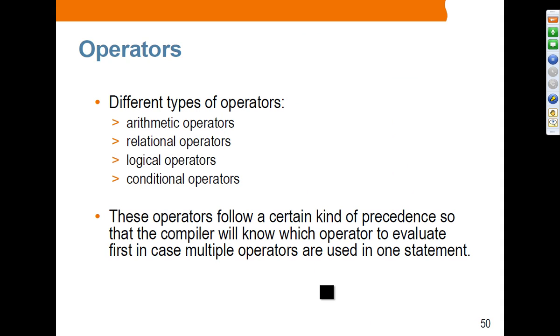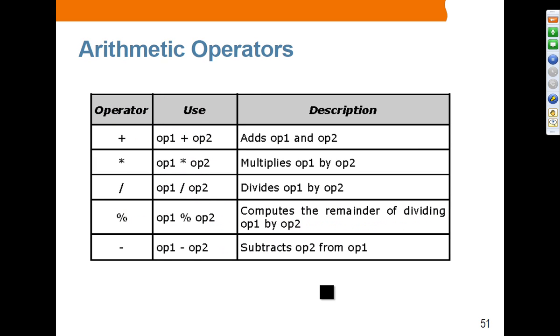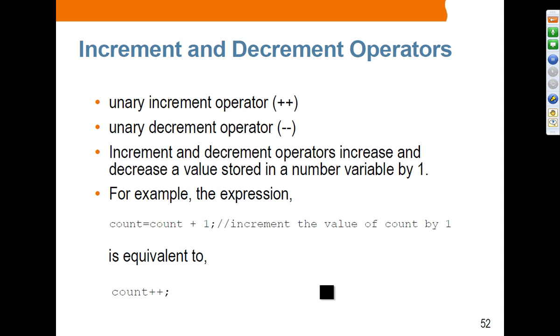Okay, so operators. So there are multiple types of operators: arithmetic operators, relational operators, logical operators, conditional operators. So, obviously arithmetic operators. So let's actually see the examples. Arithmetic operators are basically for adding, multiplying, dividing, modulus, and subtracting. Okay, and there are increment and decrement operators, plus plus and minus minus.